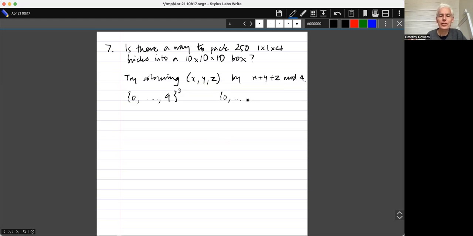So what I'll say is that I can cover 0 up to 7 cubed, and the number of points of each colour in it is going to be the same. In fact, I could have also just done 0 up to 7 times anything.